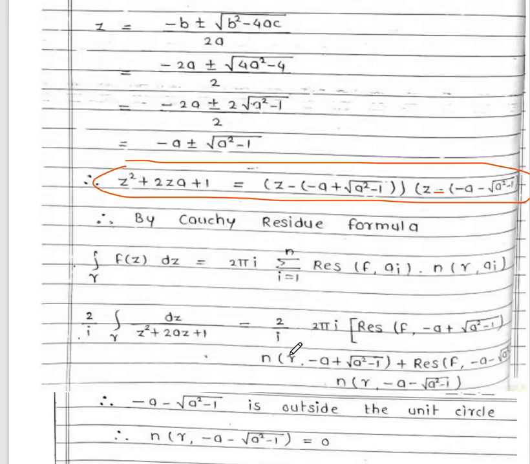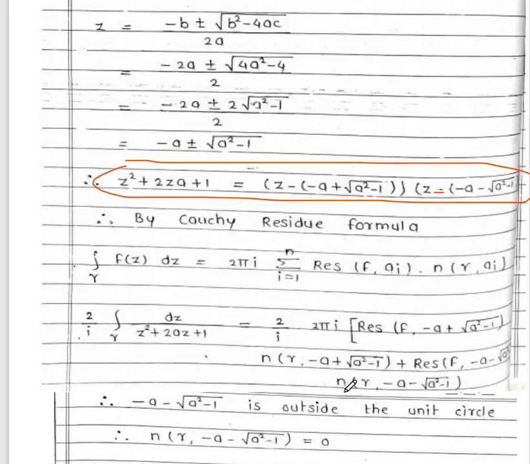Equal to 2 upon i times 2πi, and the residue of the first term, that is at minus a plus under root a square minus 1, times the index of the closed curve at this point, plus the residue at the second point times the index of the closed curve at the second point.